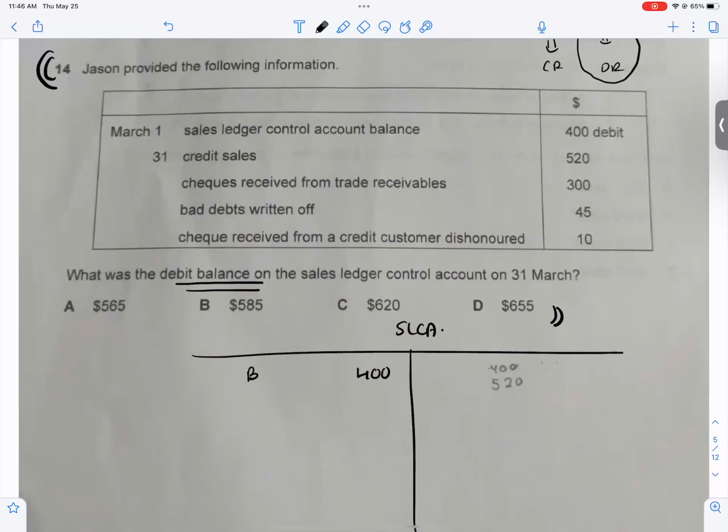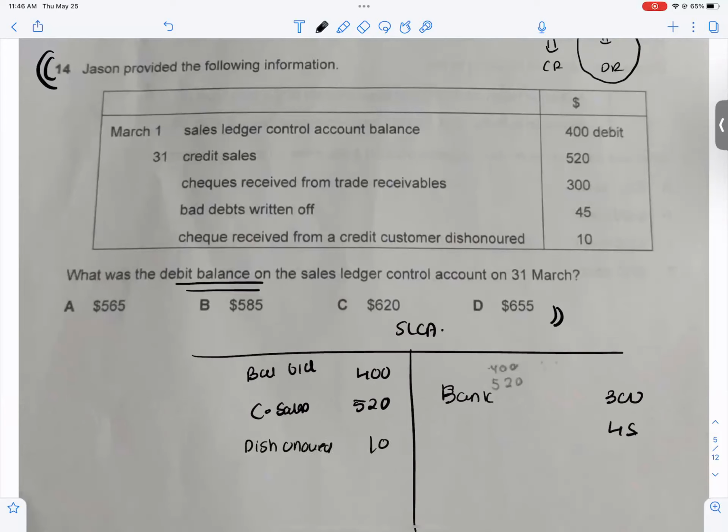So the debit side balance brought down will be 400. Then will come credit sales 520. Then on the credit side, bank will come 300. Then on the credit side, it'll be bad debts 45. And then on the debit side, it'll be dishonored 10.